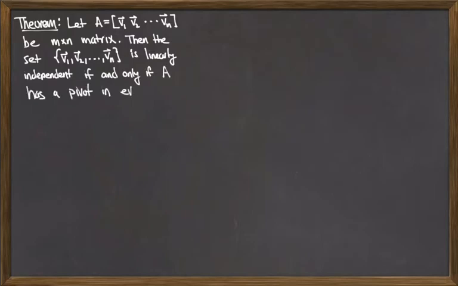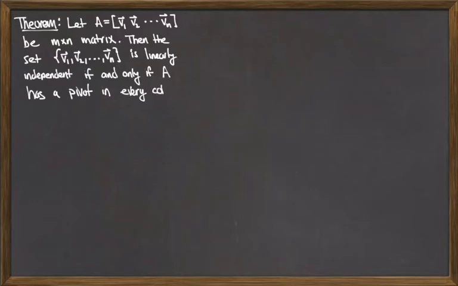So if and only if A has a pivot in every, and what do you think it is, in every row or every column? I want you to think about the last example that you just looked at and answer for yourself. Must it have a pivot in every row, or must it have a pivot in every column in order to ensure that the set of vectors is linearly independent?